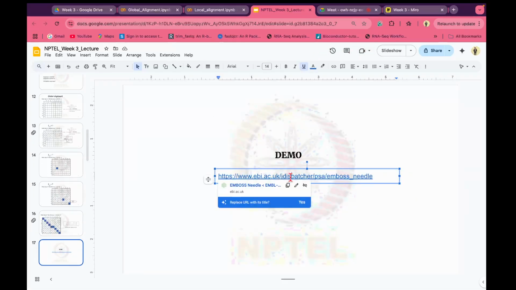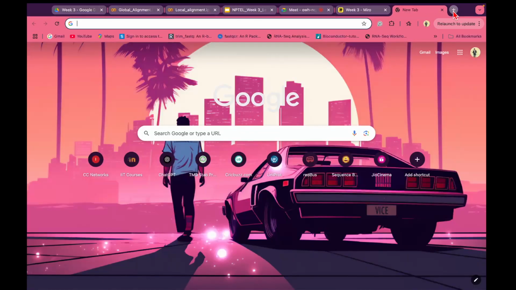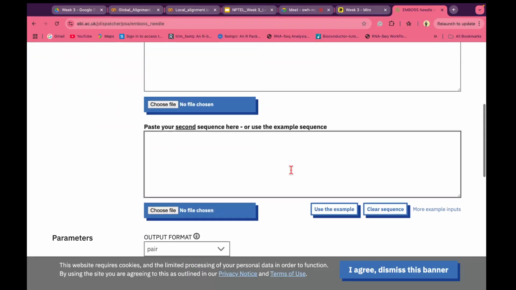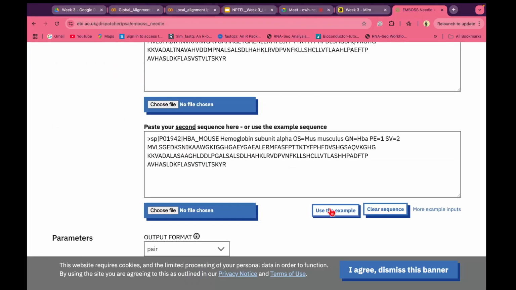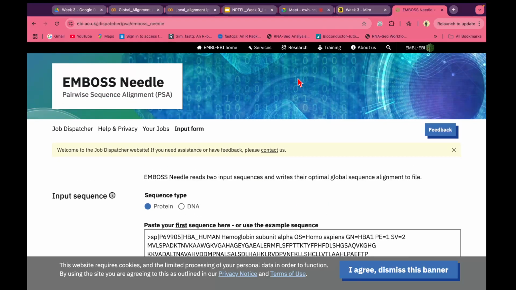So still these calculations, this matrix filling, back tracing, everything is a complex job. So we have some software, that is EMBOSS Needle. Here is the page for EMBOSS Needle.